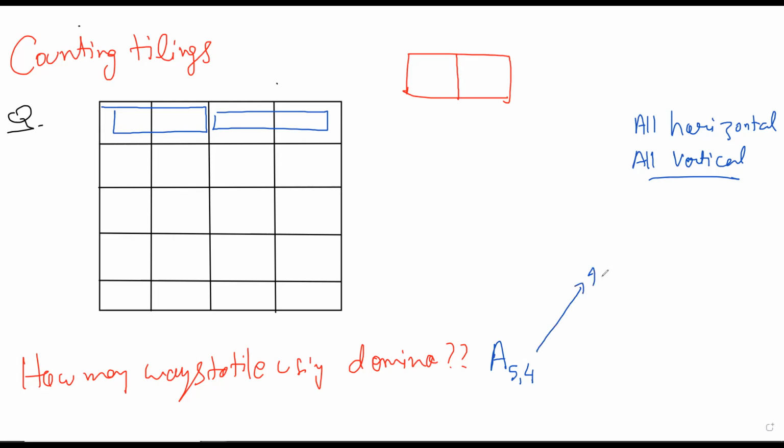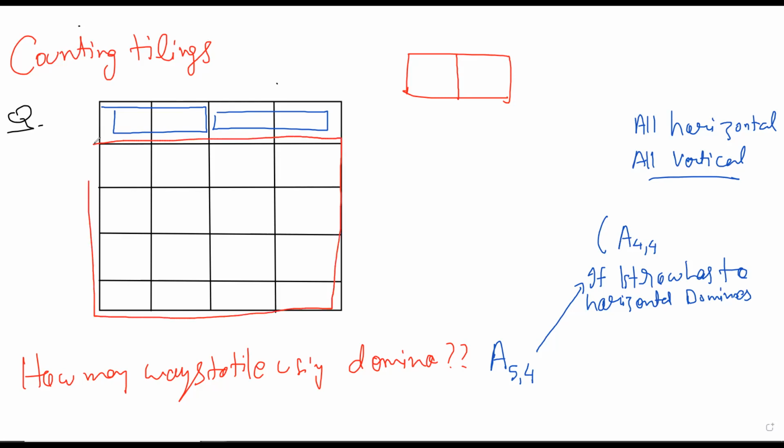If the first row has 2 horizontal dominoes, then this is nothing but A(4,4), because you are left with a 4 by 4 board, and you have to do the same problem.